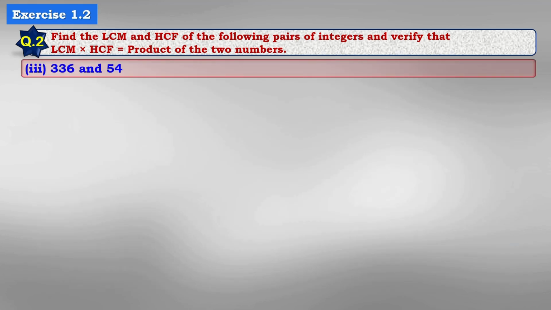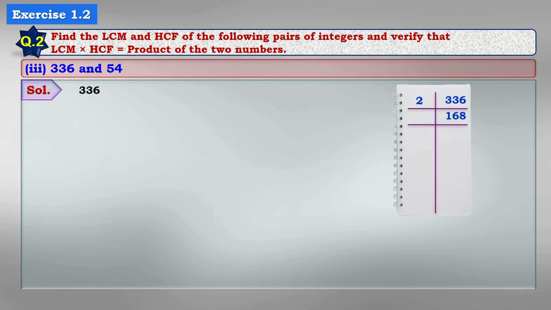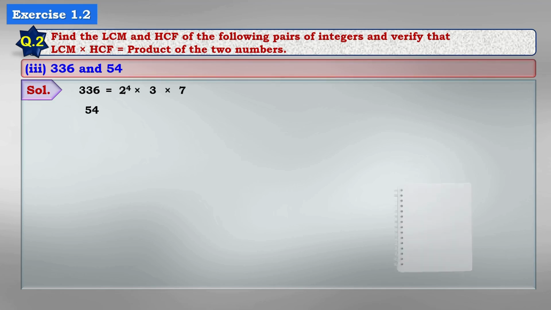Now next question, we have same thing, we need to do it for 336 and 54. So let us do the prime factorization first. So 336 is 2 to the power 4 into 3 into 7, and 54, let us do the prime factorization.